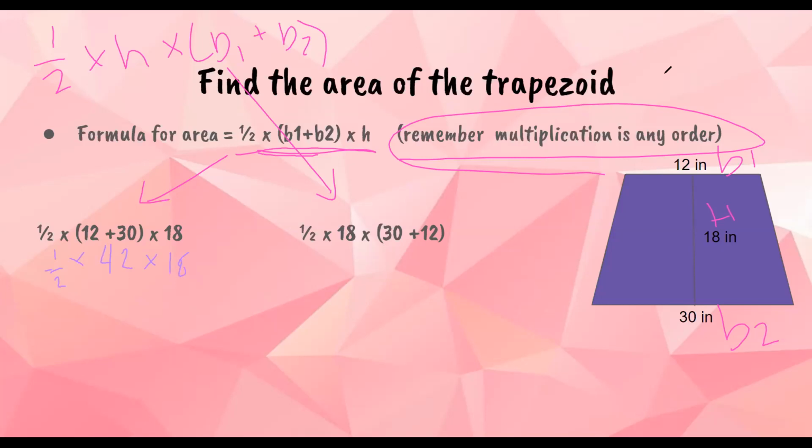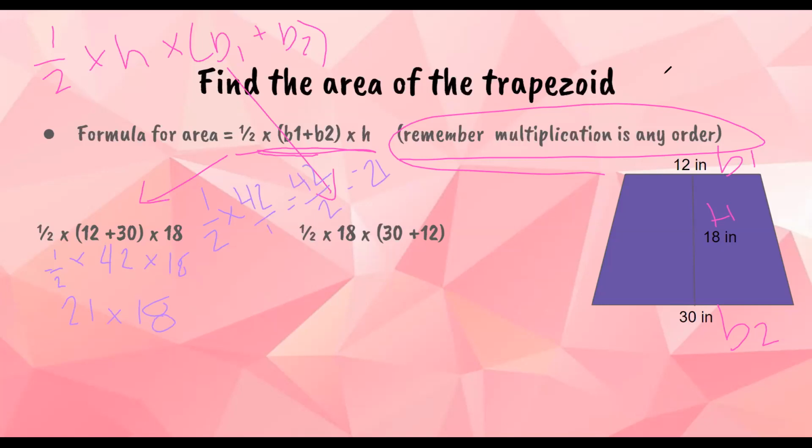But because I know 1/2 times 42 is the same thing as dividing by 2, so if I were to actually do this problem and I have 1/2 times 42, I can make a whole number a fraction by putting a 1 under it. So I would get 42 over 2. So this is where you guys can see that multiplying by 1/2 is the same thing as dividing by 2. So 42 divided by 2 is equal to 21. So now I have 21 times 18.